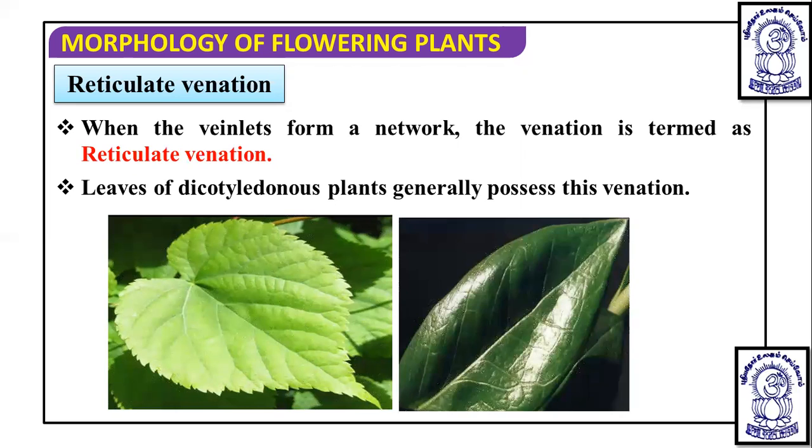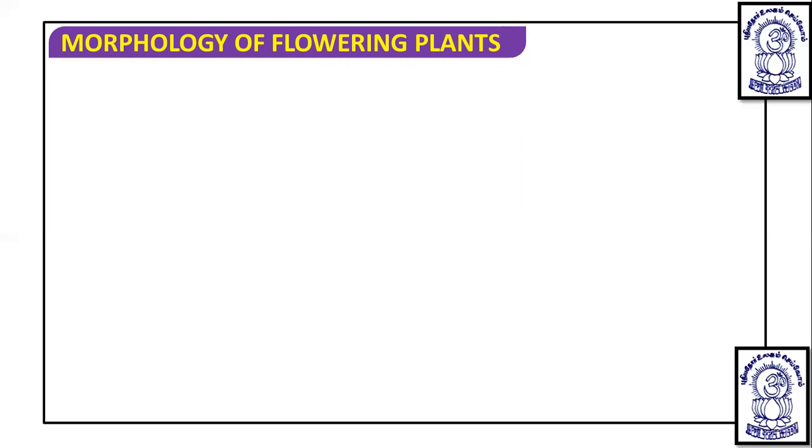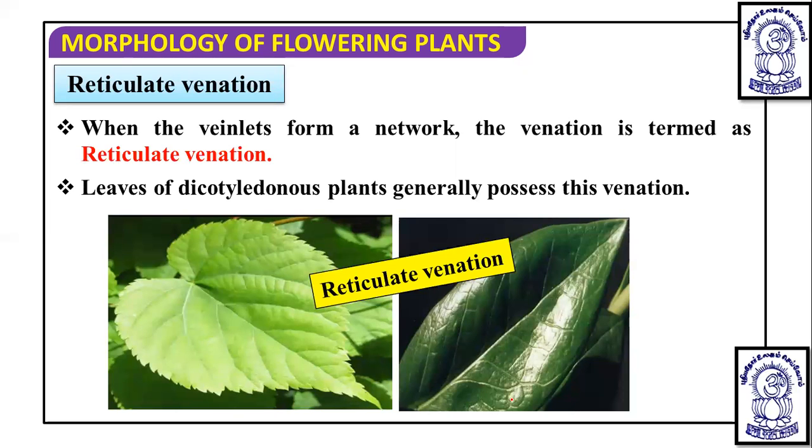So if you look at this particular leaf, here you can see this is the midrib, then these are the veins. But here these veins are forming veinlets that form a network, and such a network is formed due to the veins and veinlets.